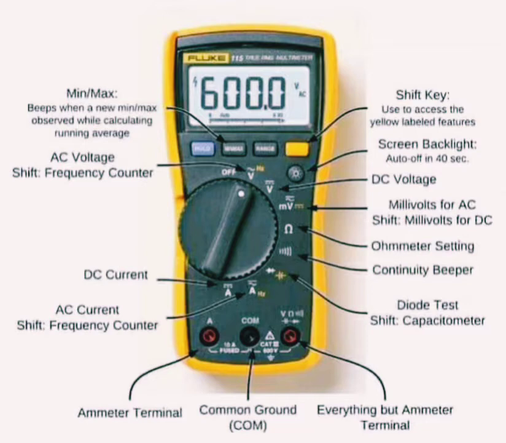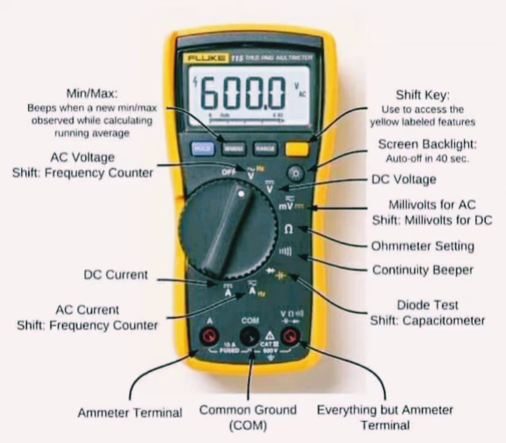All of this is mentioned on the multimeter itself as symbols: AC as a sinusoidal, DC as a straight line, likewise for a capacitor, a diode, continuity, and ohms, which means resistance.